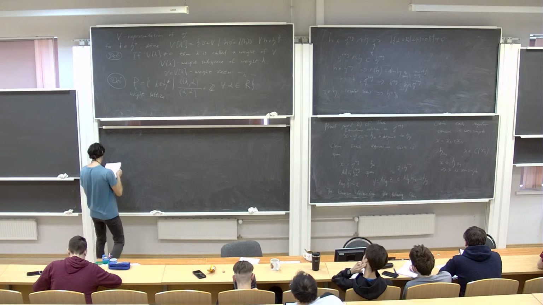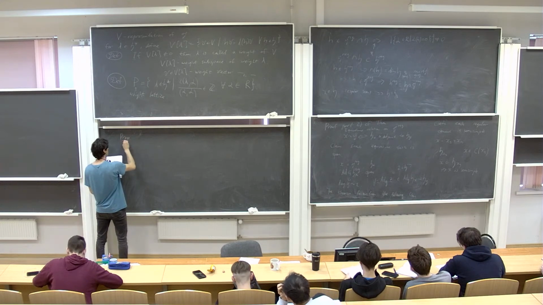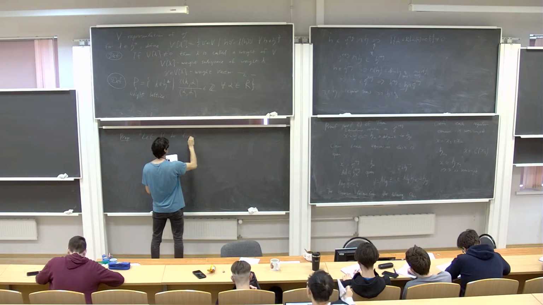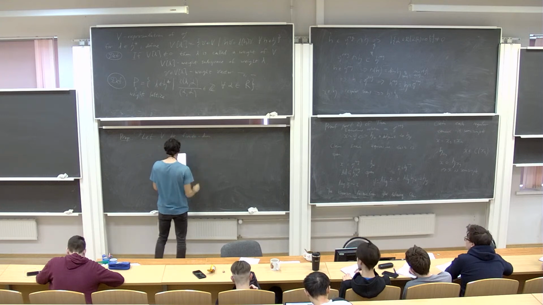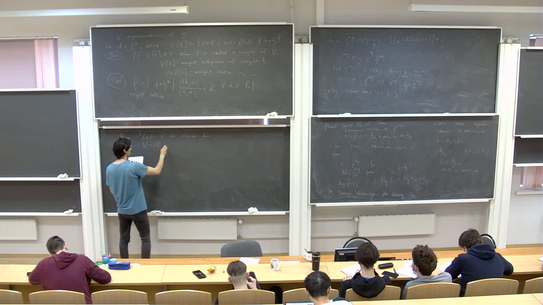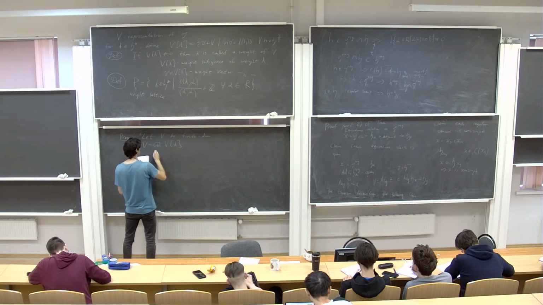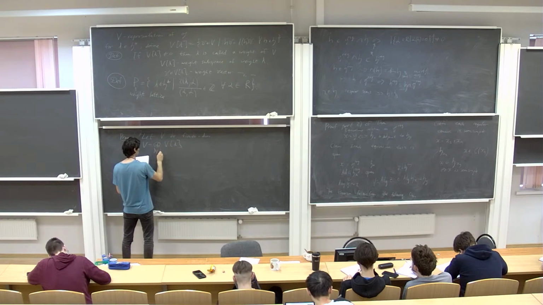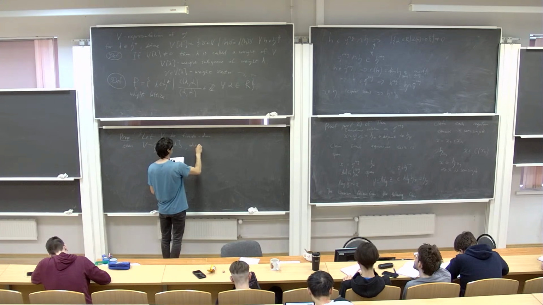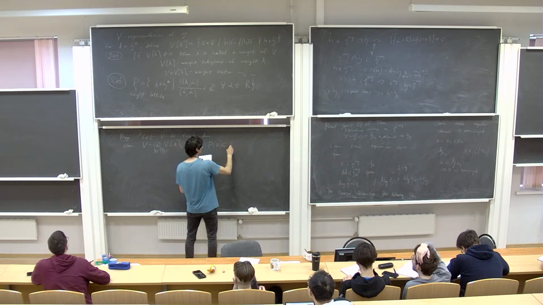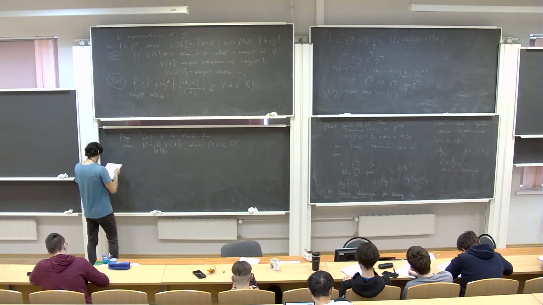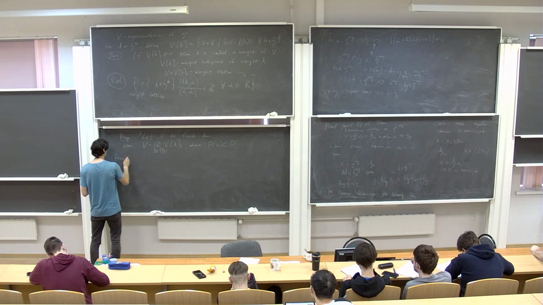Proposition: let V be finite dimensional. Then V is a direct sum of V lambdas as lambda runs over some set P of V, where P of V is a subset of P. The proof is the following.